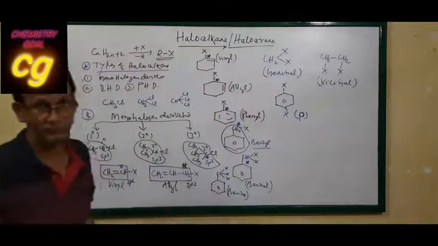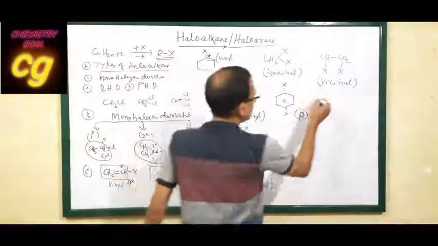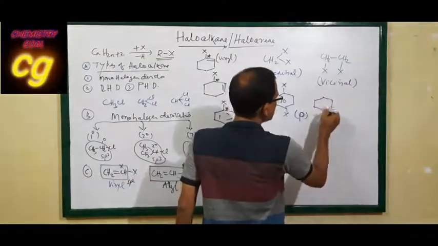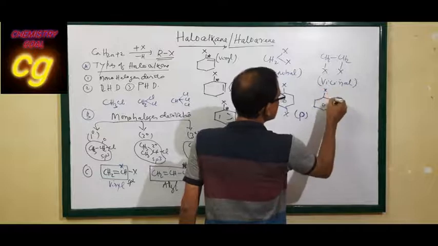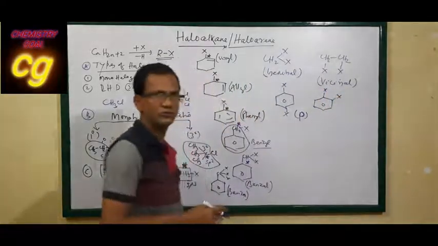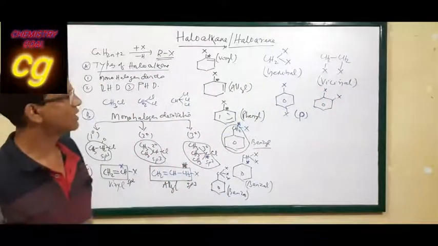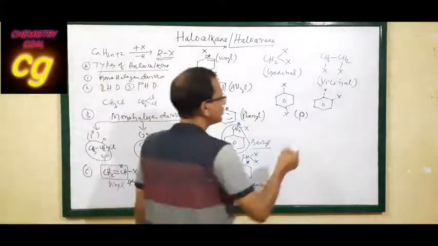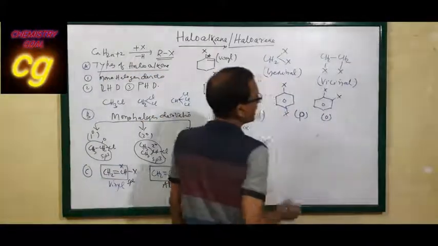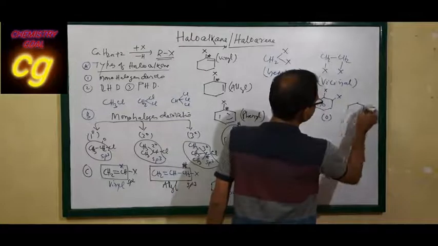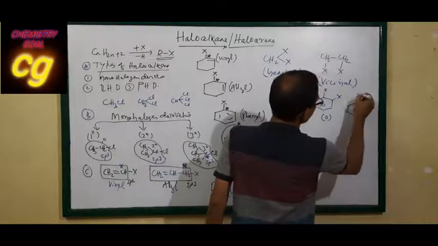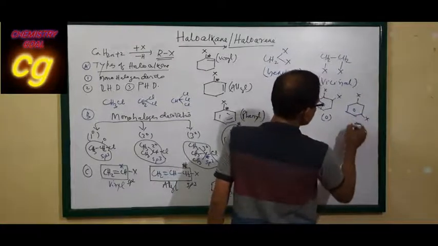Sorry, this is para. Para derivative. When two halogens are attached to adjacent positions, closely adjacent carbons, this is called ortho. And when attached to the 1,3 position, this is meta.